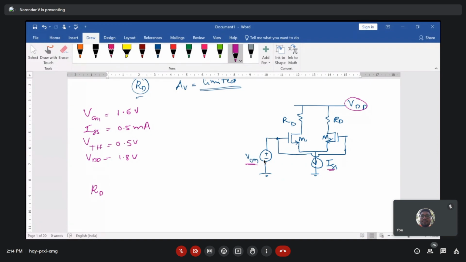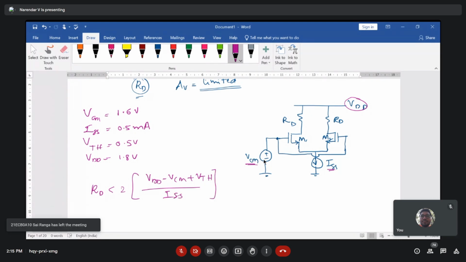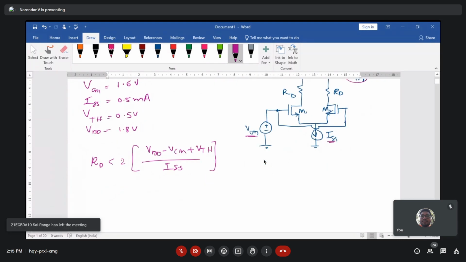Using the formula, RD should be less than twice (VDD minus VCM plus VTH) divided by ISS. Substituting the values, VDD is 1.8 and VCM is 1.6, so you get 0.2, plus VTH which is 0.5, so 0.7.